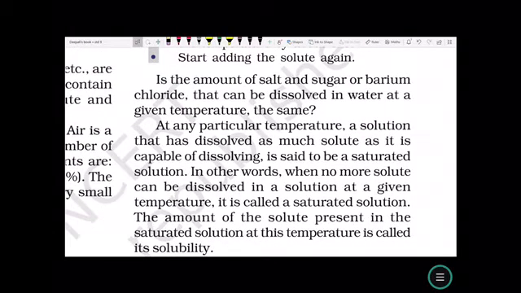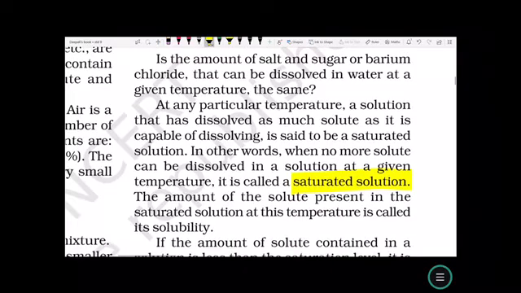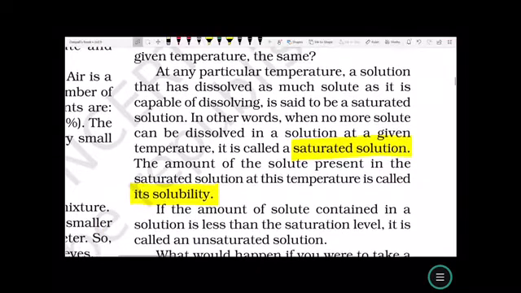In other words, when no more solute can be dissolved in a solution at a given temperature, it is called a saturated solution. The amount of solute present in the saturated solution at this temperature is its solubility. So, do you understand now what is dilute solution, concentrated solution, and saturated solution?